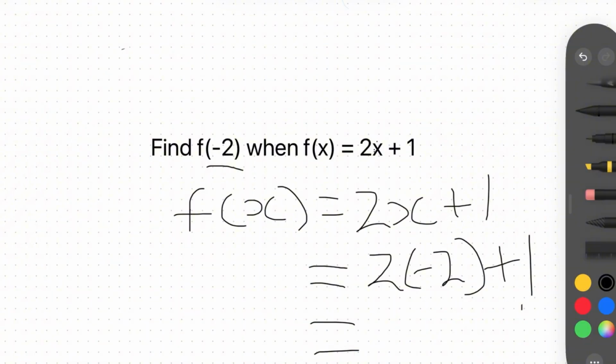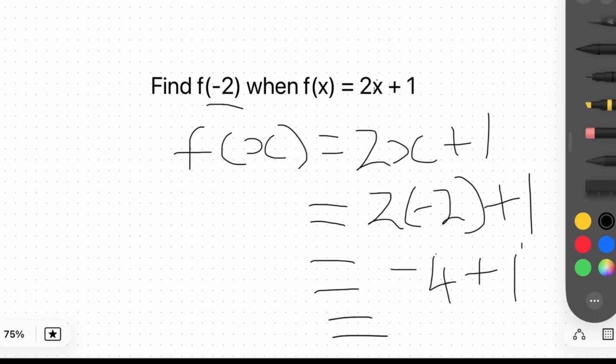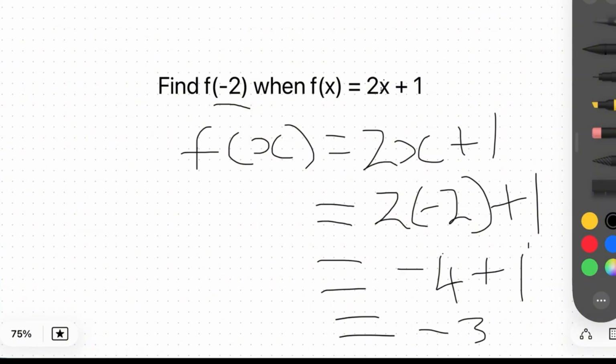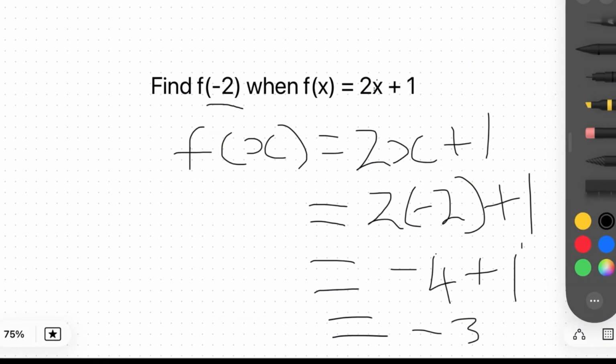So 2 times -2 is -4 plus 1. The -4 plus 1 gives you -3, and that is the answer for this equation.